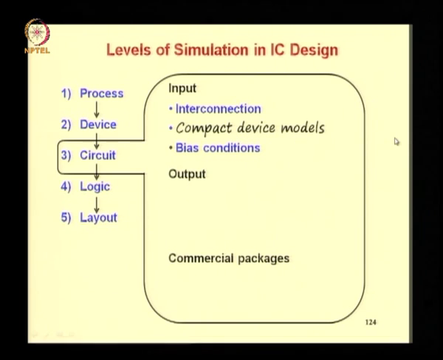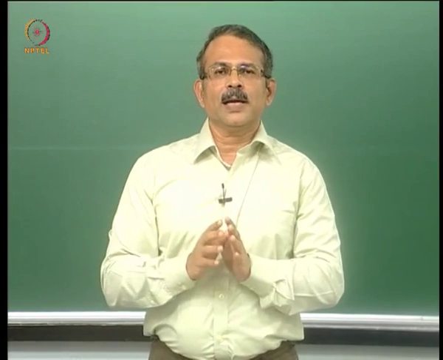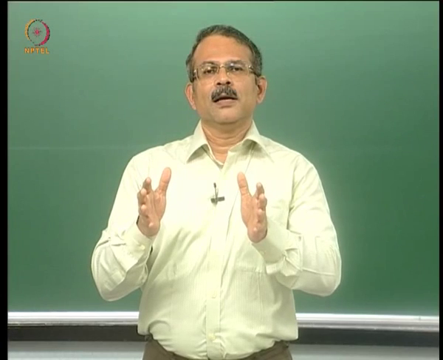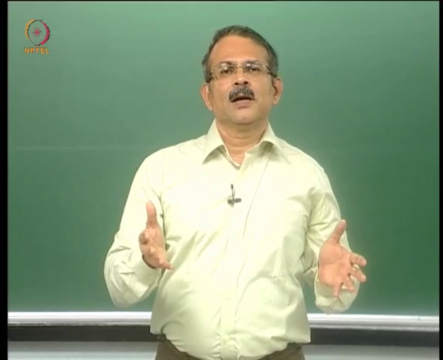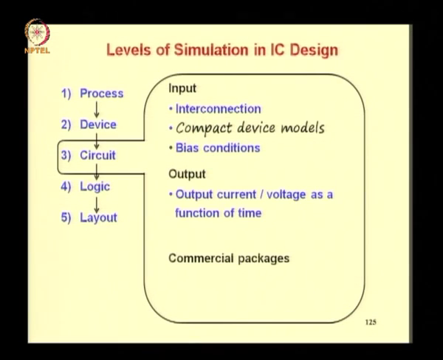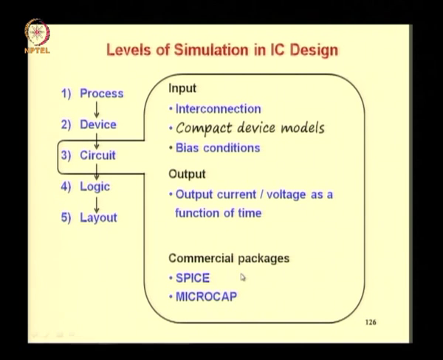So the compact model of a diode would be different from the compact model of a MOSFET and so on. On the other hand, the numerical device models are generic equations applicable to a large variety of devices. The output of circuit simulation is output current or voltage as a function of time. Examples of commercial packages involved in circuit simulation are SPICE and MicroCap.